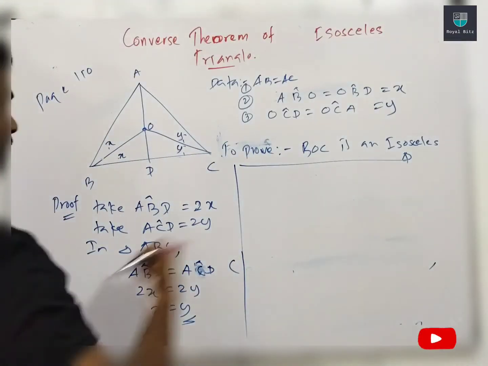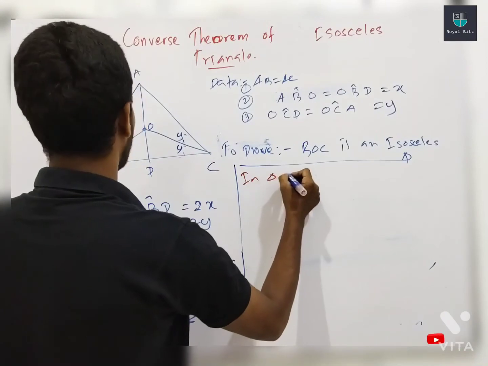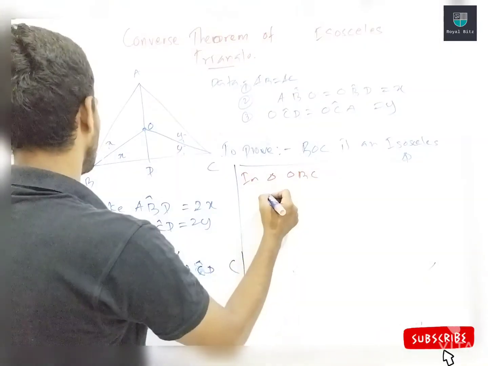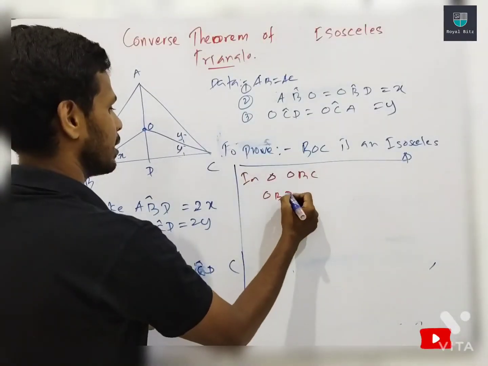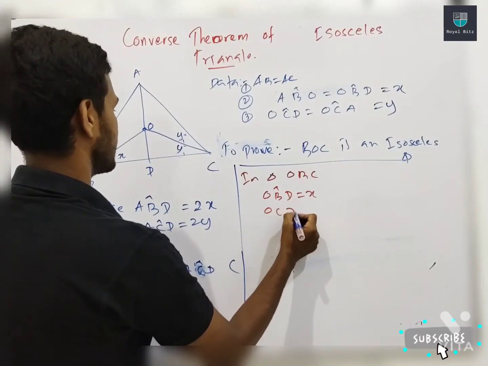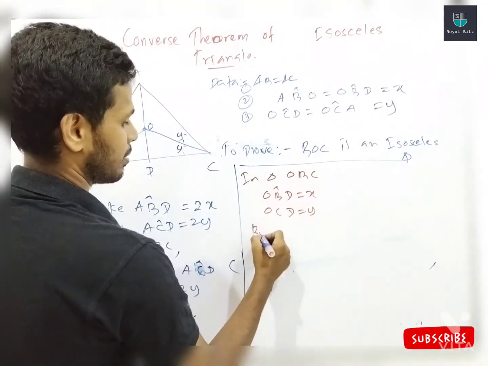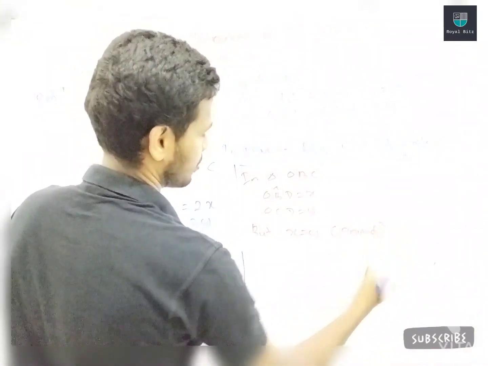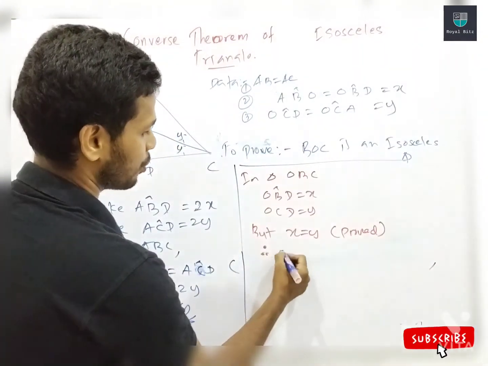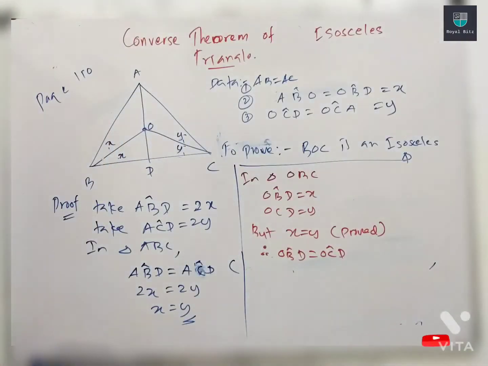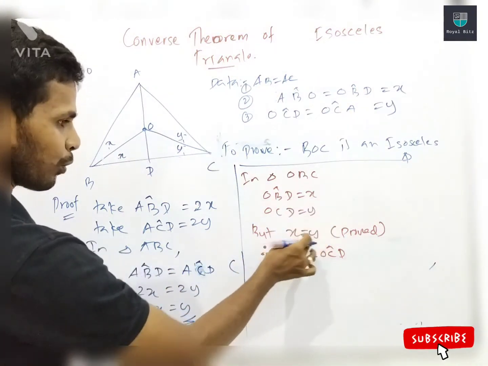So now in triangle OBC, we know OBD is equal to x, OCD is equal to y, but x is equal to y, this is proved. So therefore, OBD is equal to OCD.